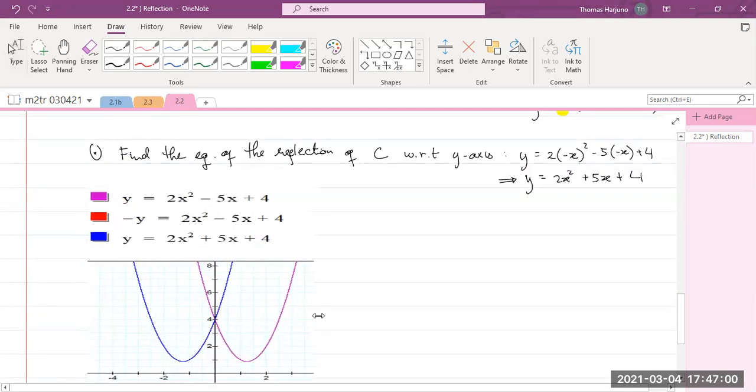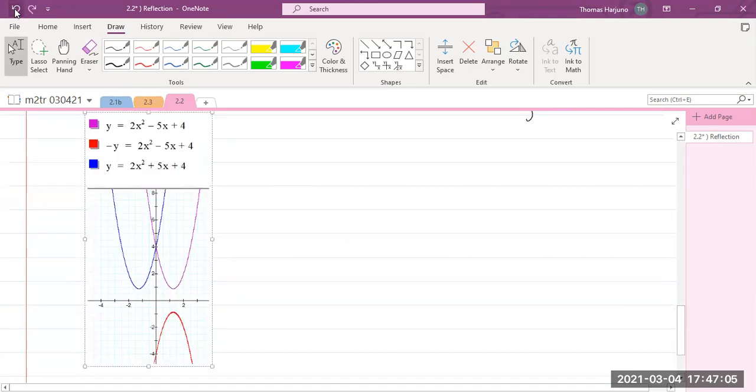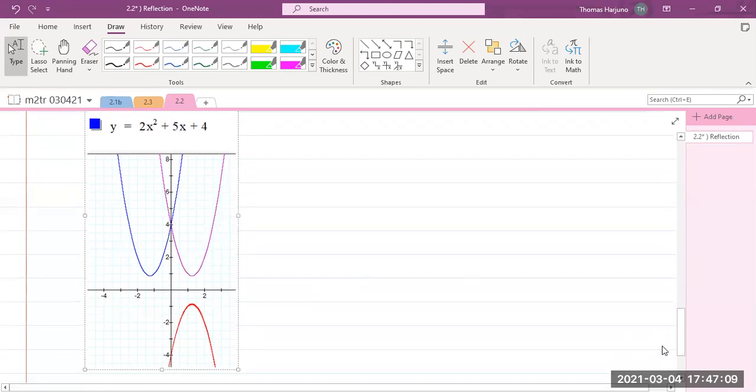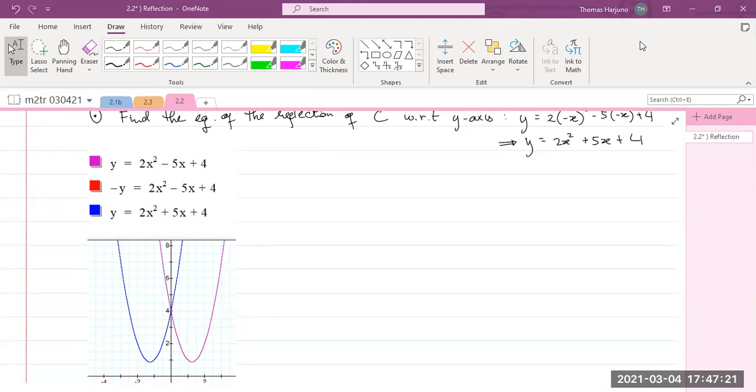Watch it this way. Now from the color here, then you can see which graph it corresponds to. Okay, so that's how we do reflection.